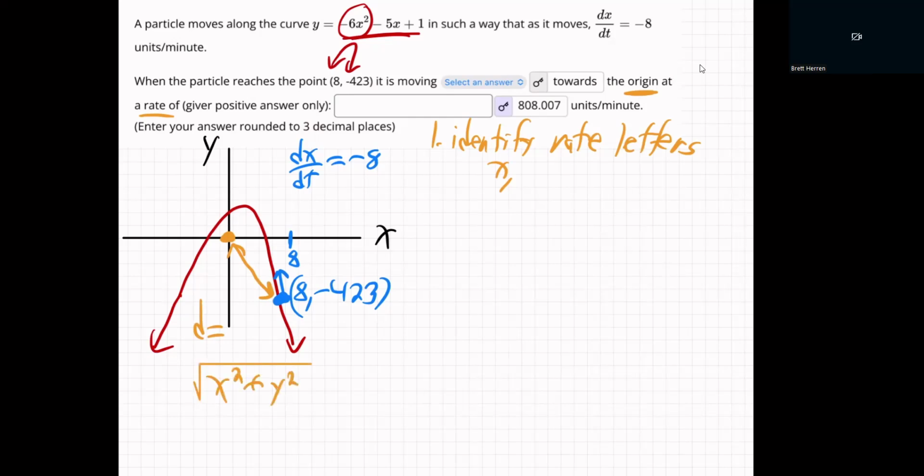Why is that? Well, because over x, down y, this is the x coordinate, this is the y coordinate, this is d, right? And so x² + y² is d², and then root both sides, d is the square root of x² + y². See how I did that?